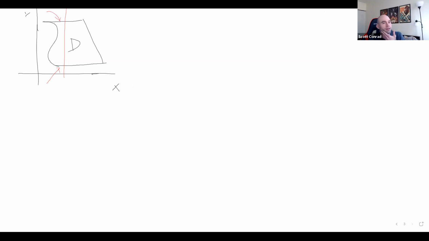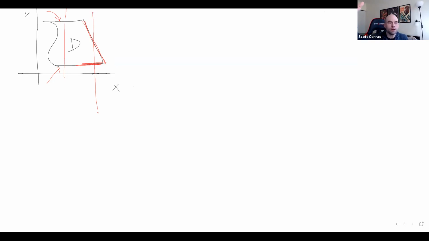And this guy here is our top curve. But if we do it over here, now this piece is our top curve, and this guy is our bottom curve. So the top curve is going to be different depending on where you do your vertical line.